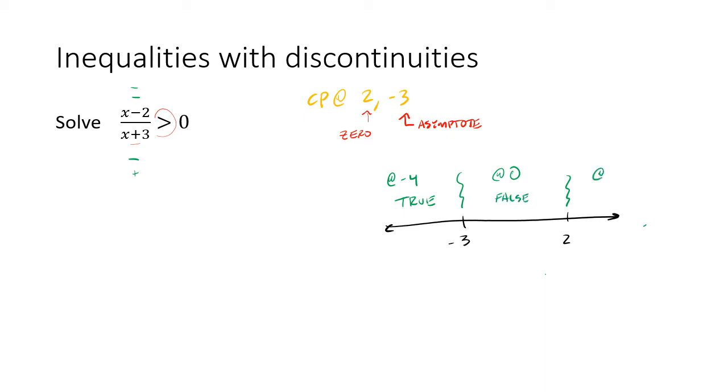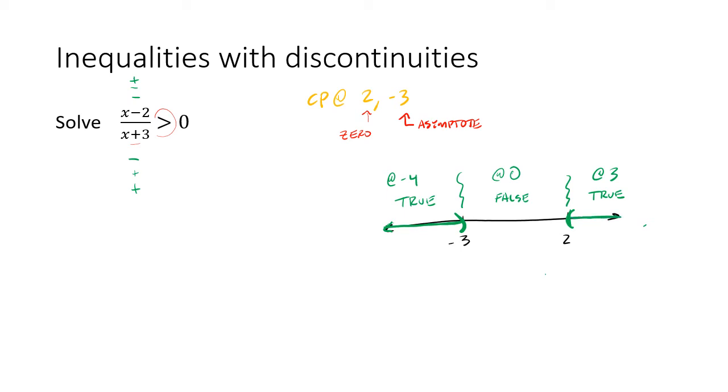And then if I look at something greater than 2, like 3, if I plug in 3 in the top, I'm going to have 1, which is positive. And if I plug in 3 in the bottom, I'm going to have 6, which is positive. Positive divided by positive is positive, so that's going to be greater than 0, so that is true. So I shade where it's true. Remember they're both going to be open, so I'll put a parenthesis here, and the other one will be a parenthesis because it's an asymptote.